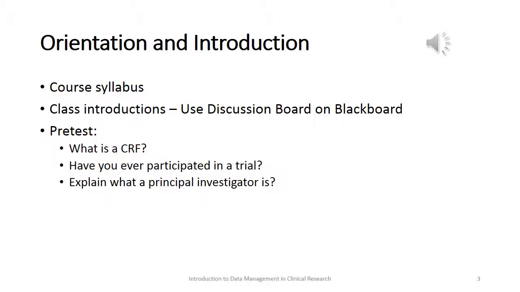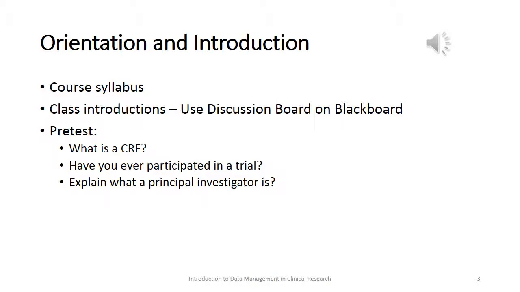So before we go much further, let's take a look at our course syllabus, and that is included on Blackboard. There is a separate tab for course syllabus there, so you should be able to pull that off, and I'm going to go over it with you in just a moment so that you'll be familiar with all the items.